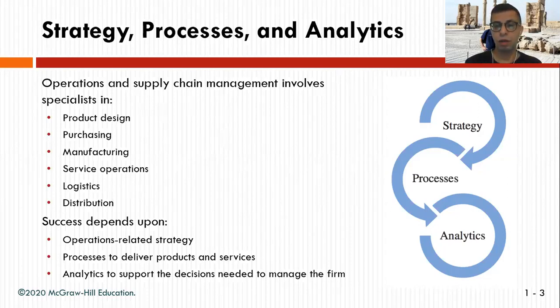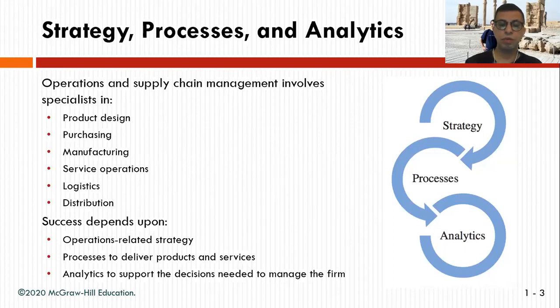So everything other than probably accounting and sales and marketing, the rest is part of supply chain management and operation. And their success depends upon the orientation related to strategy, process and delivery, product and service, and analysis to support the decisions needed to manage the firm.